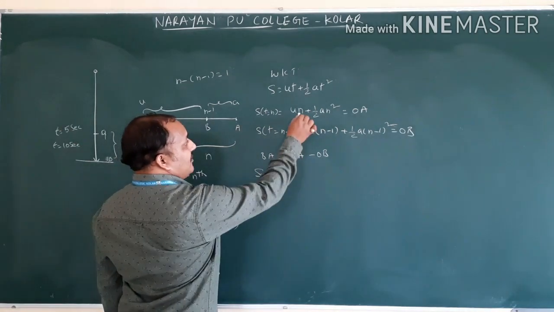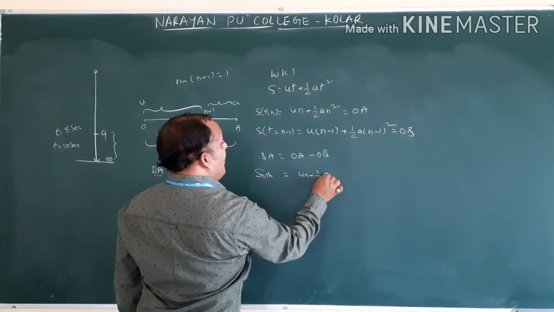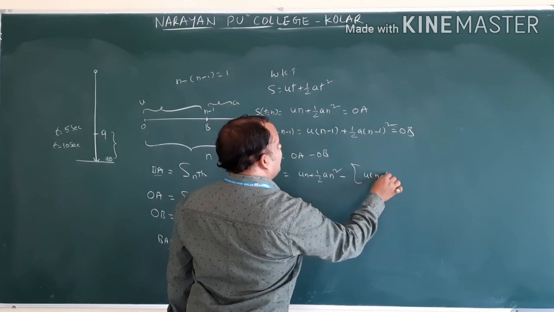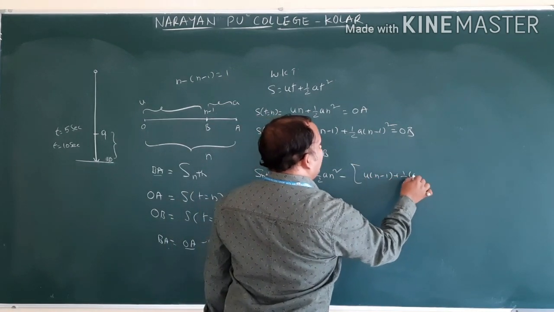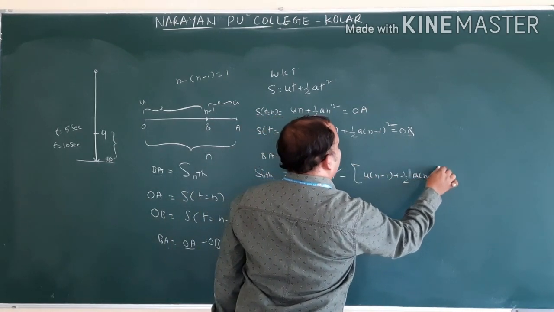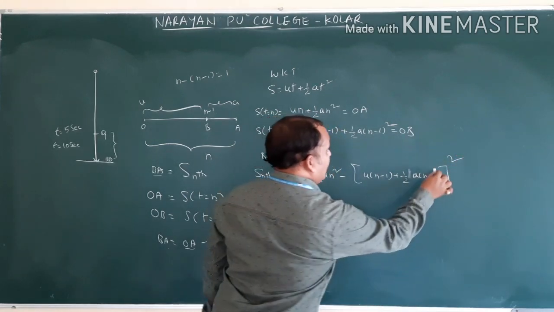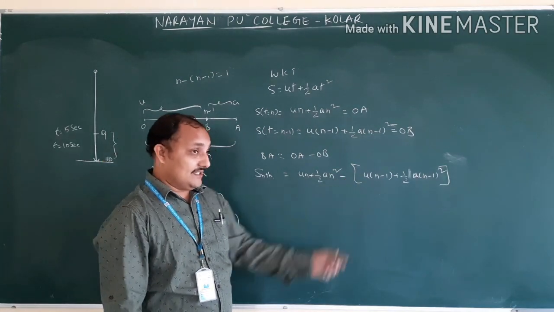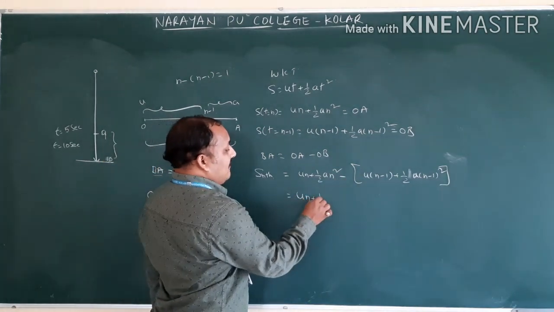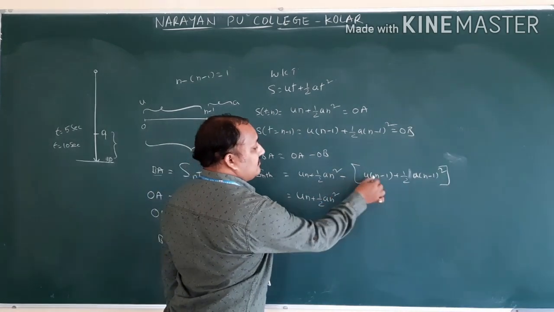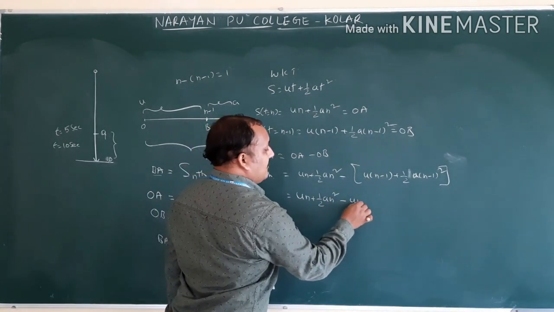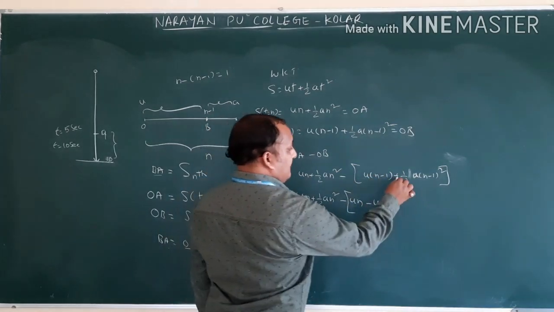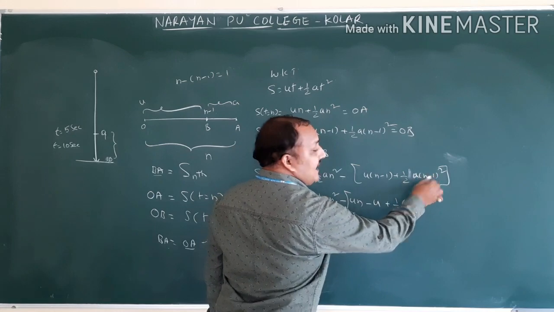Then BA is nothing but un plus half an square minus, u into n minus 1 plus half a into n minus 1 whole square. Keep a bracket here because the negative sign is there. Then un plus half an square, expand minus un. Then u into minus 1, minus u, plus half a into the expansion of n minus 1 whole square.